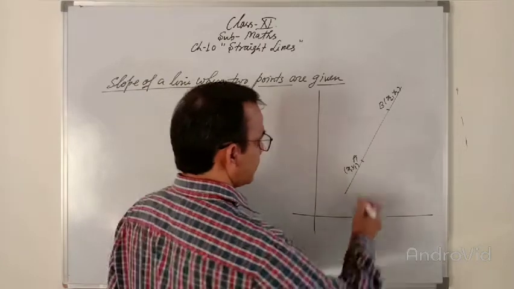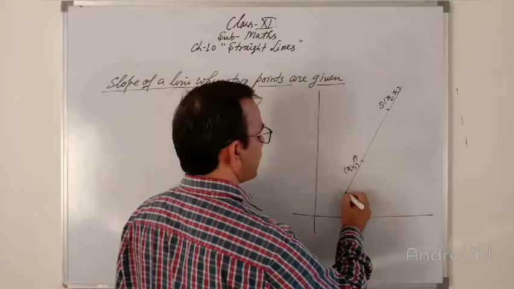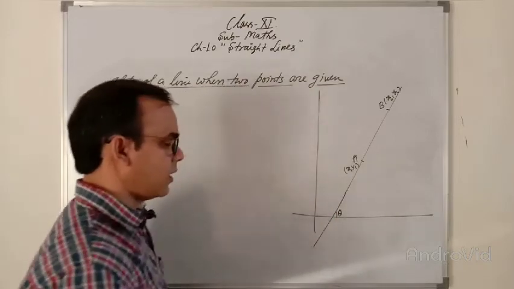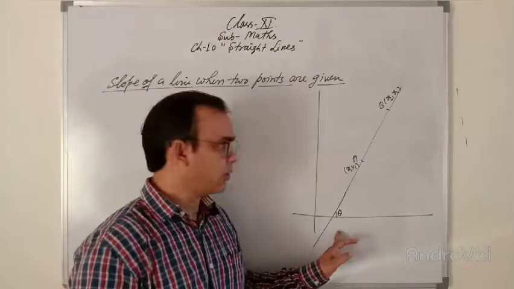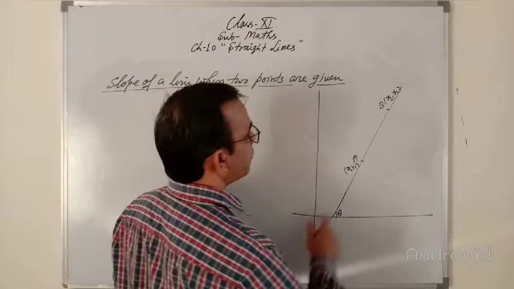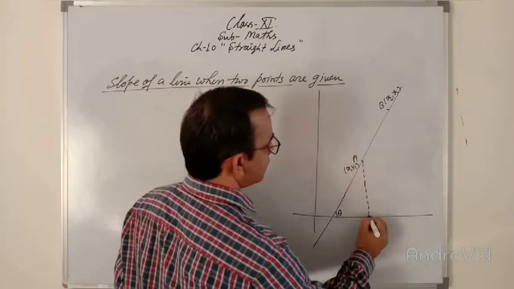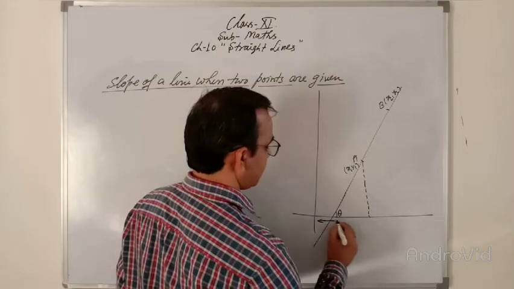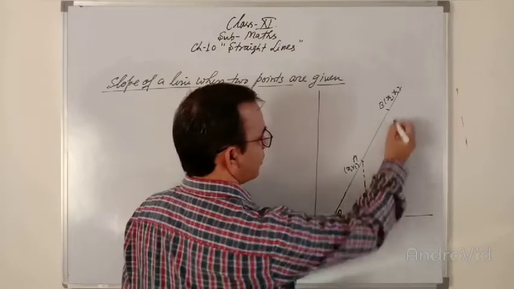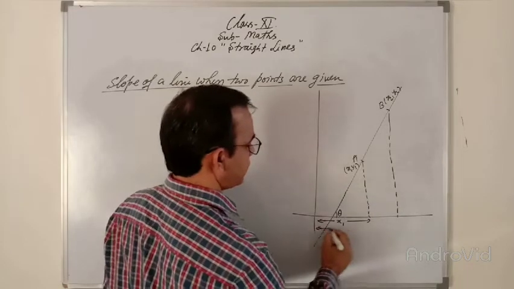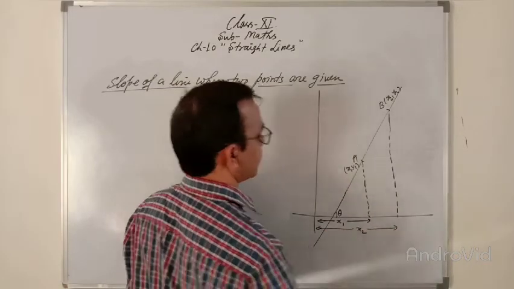So we extend this line to x-axis, then suppose the slope is tan theta, where theta is this angle. Now, if A is having the coordinates x1, y1, it means this distance will be x1. B is having the coordinates as x2, y2, means this distance is x2.